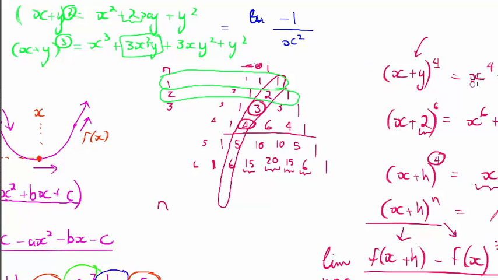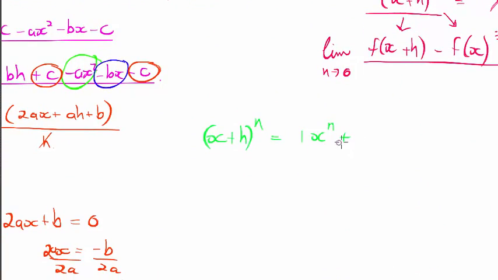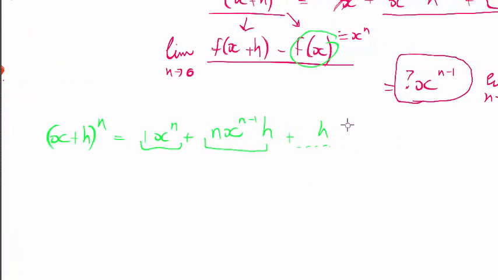They're the same. So in other words, I'm only concerned with the second term because my first term will be minused. My second term will only have n x to the power of n minus 1 and 1h, and then the rest will all have more than 1h.